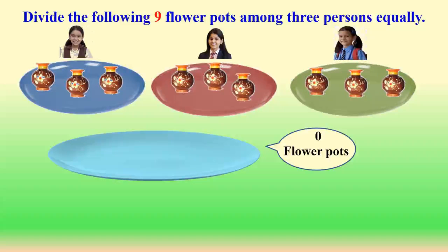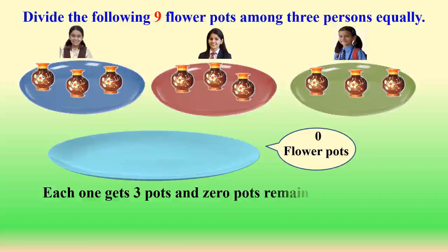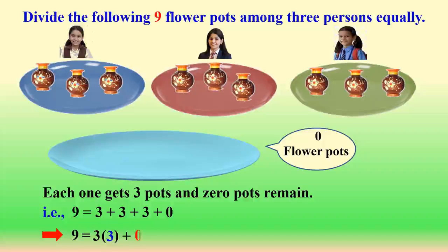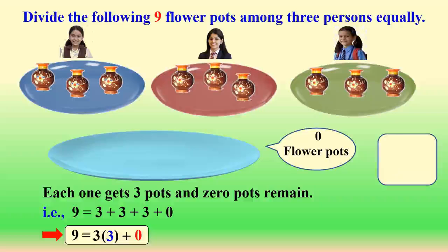There are 0 flower pots remaining. Therefore, each one gets 3 flower pots and 0 pots remain. That is 9 is equal to 3 plus 3 plus 3 plus 0. That is 9 is equal to 3 times 3 plus 0. General division, 9 divided by 3.